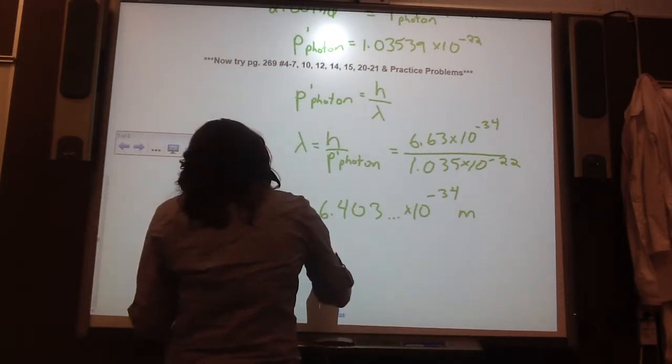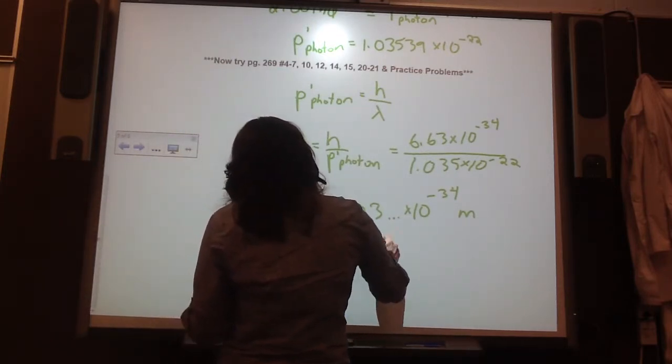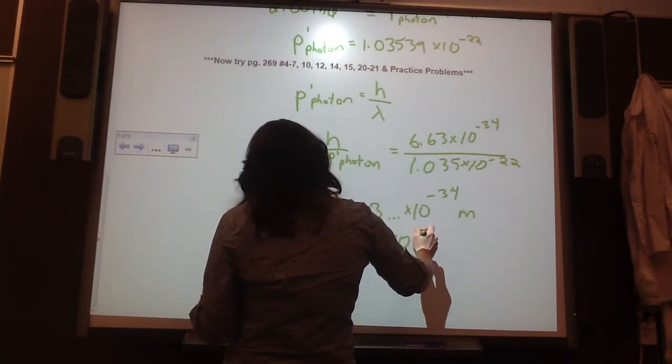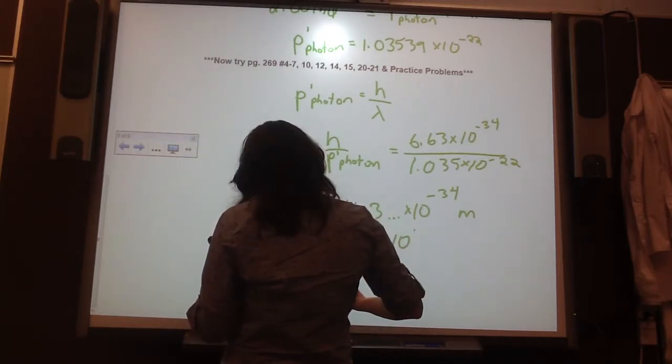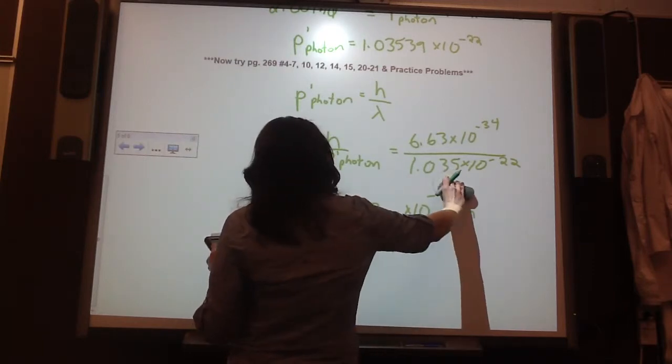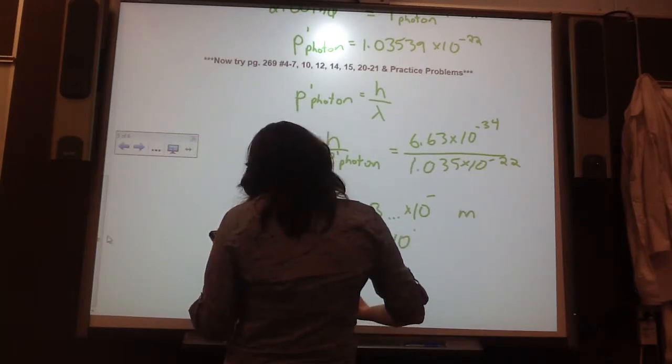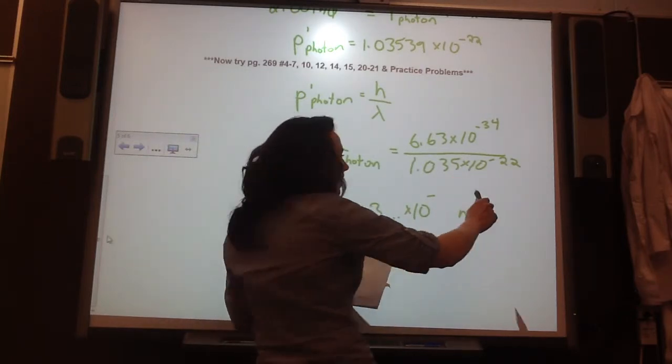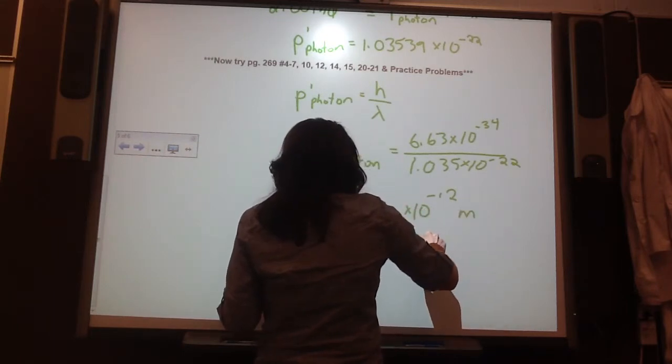So simplify, or sig digs, 6.40 times 10. Oh, wait. Sorry, not negative 34, negative 12. That's what you guys got, right? Sorry about that.